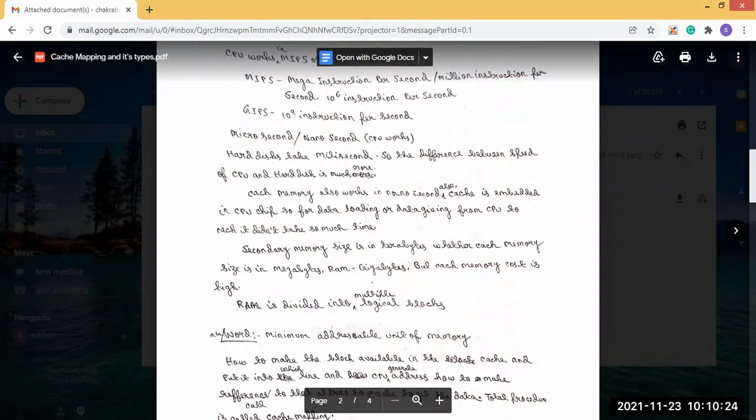So that's the use of our cache memory, and we cannot use multiple caches or multiple RAMs, because of the amount of data the secondary memory stores.